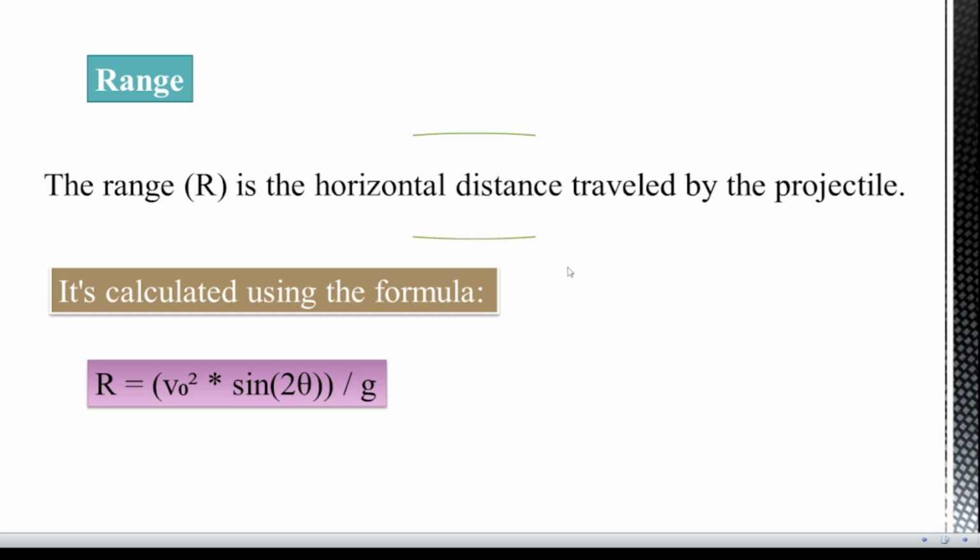So range is simply average velocity times total time. Our average velocity in this case, because we ignore the resistance, is equivalent to the initial value of the x component, that is v naught cosine theta. Knowledge: twice sine theta cosine theta is equivalent to sine 2 theta. Correct. If so, range becomes v naught squared sine 2 theta over g. In such a way, we can calculate the range.